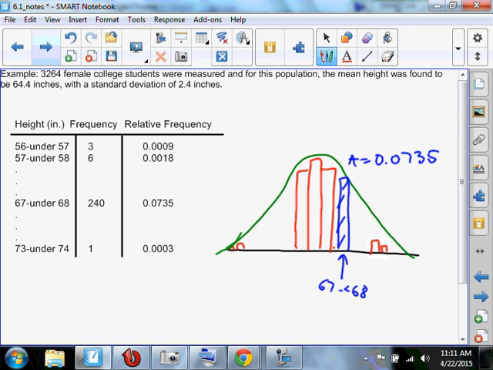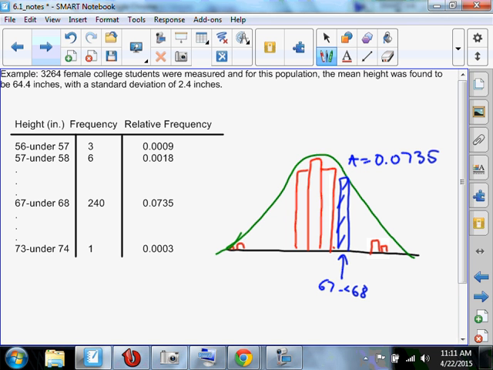And what that means is that 7.35% of the females studied lie in that interval as far as their height is concerned. Okay, there's 7.35% who are between 67 and 68 inches tall. What would the total area under that curve be? It would be 1, and it actually is. Okay.